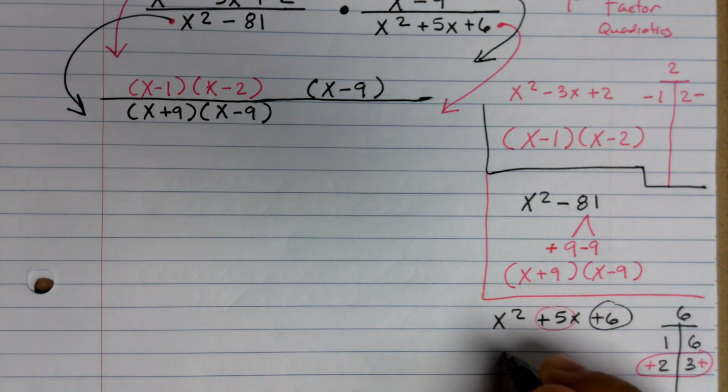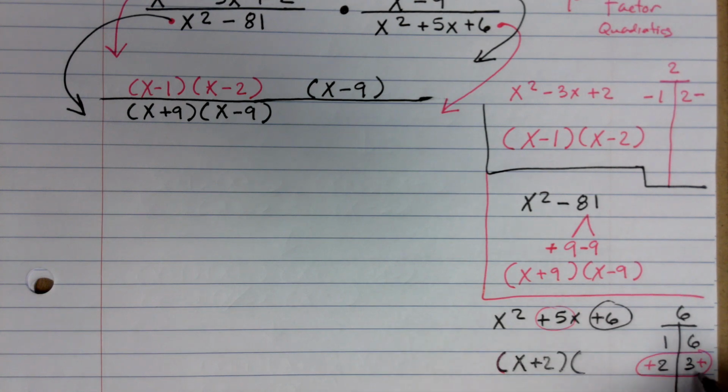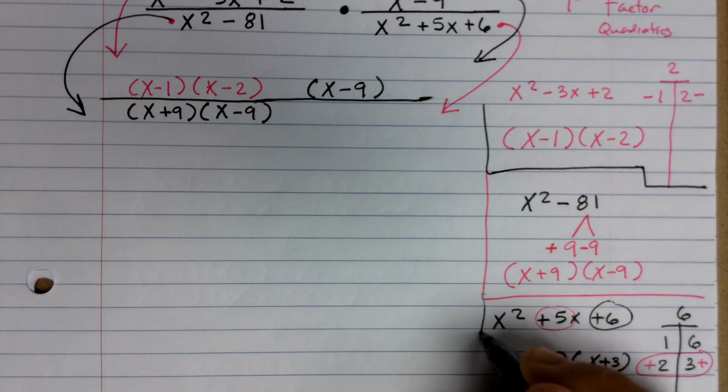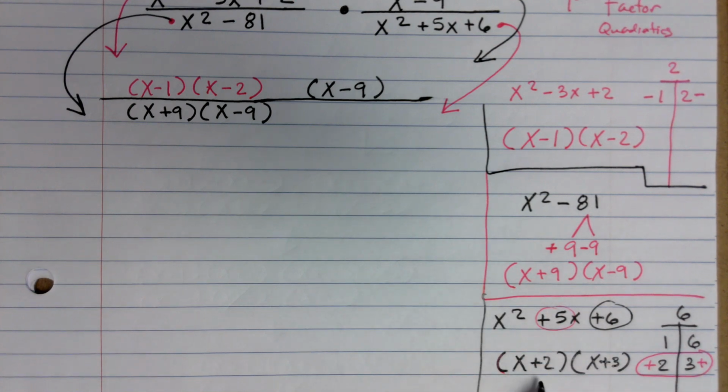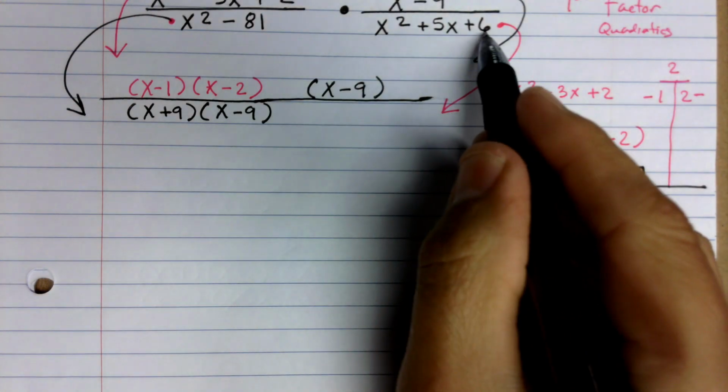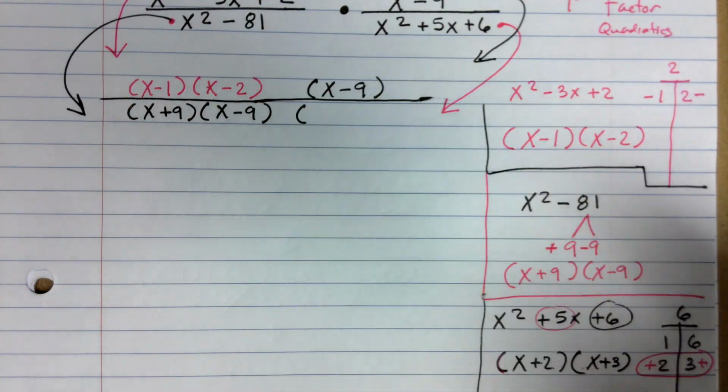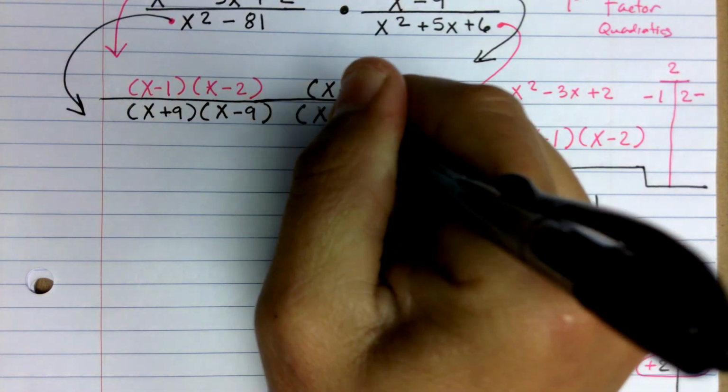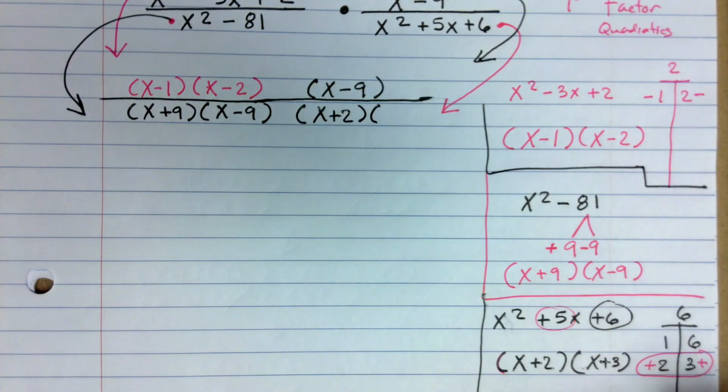So I'm going to write my factors out, and these will be x plus 2 and x plus 3. Now I'm going to take those factors and just write them up underneath the x minus 9, because we just converted this quadratic to its factors. So x plus 2 and x plus 3.